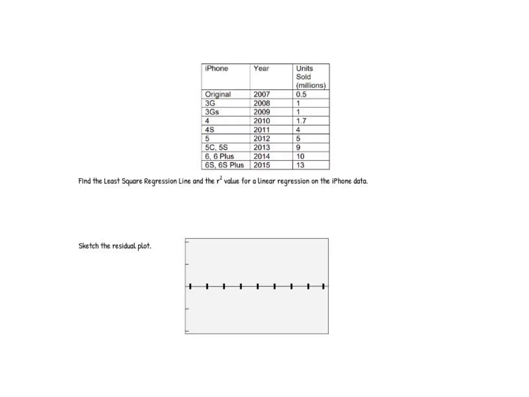So with our same iPhone data that's in our calculator, we're going to go back to our STAT CALC 4, grab our least square regression line and our R-squared value. So our R-squared should be 0.914.